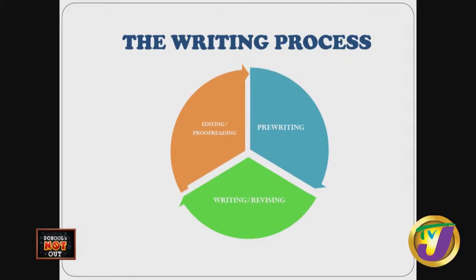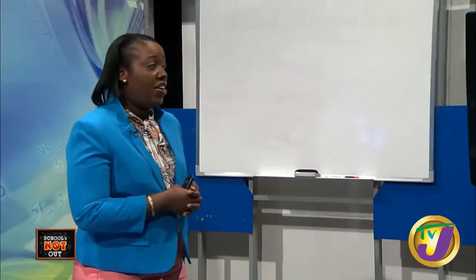Let us spend a little more time looking at what happens at each process, at each step. So the pre-writing, what happens here? At this section, we identify the task, we identify our audience, we identify our purpose. What are the required information that we need to satisfy the task at hand?